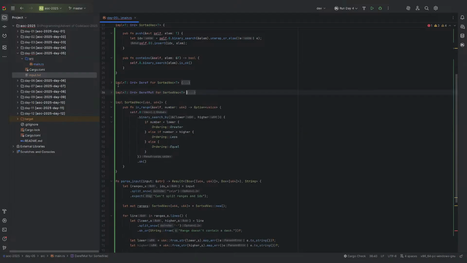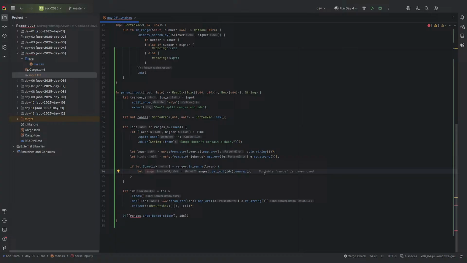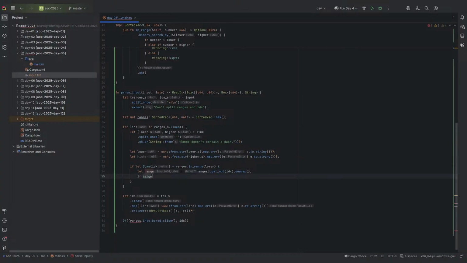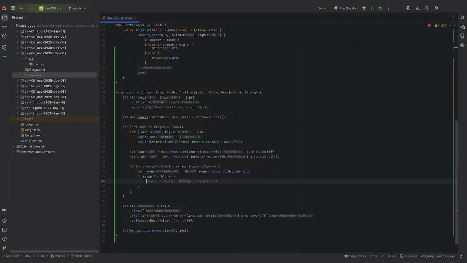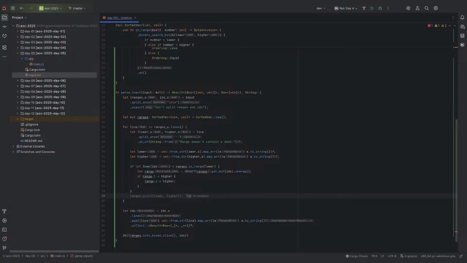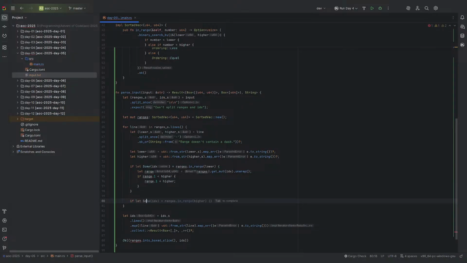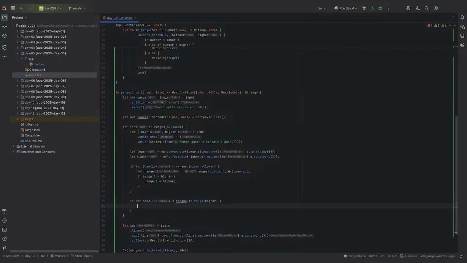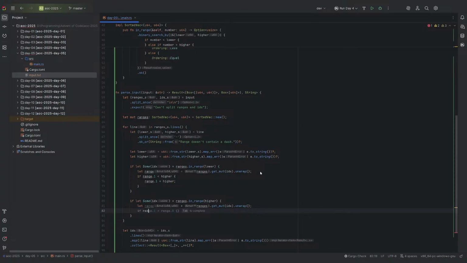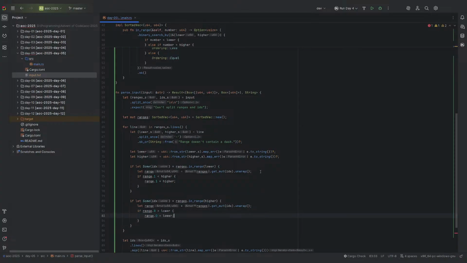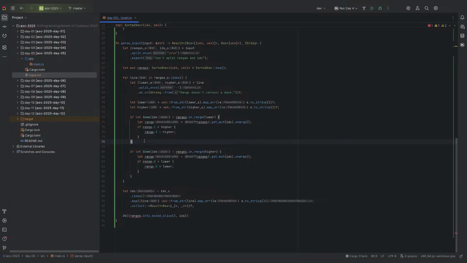No semicolon, of course. Not perfect, but it works well enough. Now I can again do the same for lower. If range of one is bigger than the lower range, this way instead we can expand ranges.